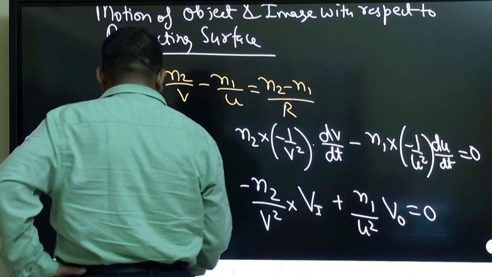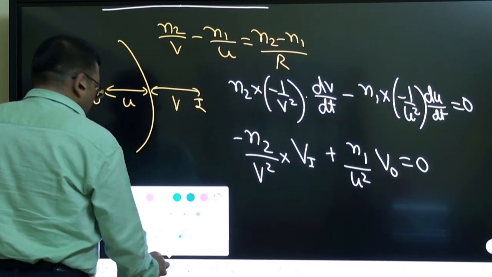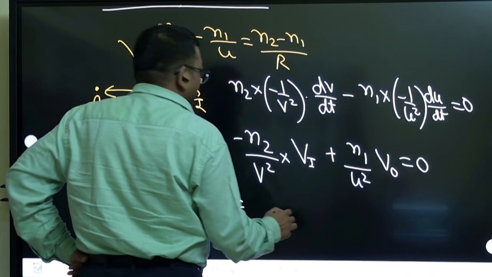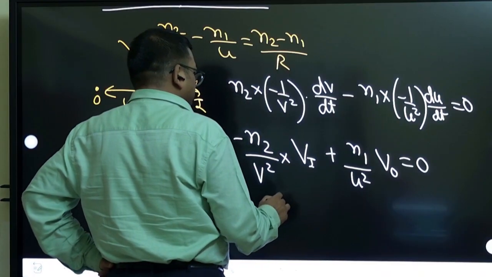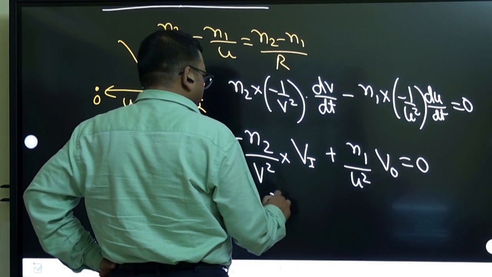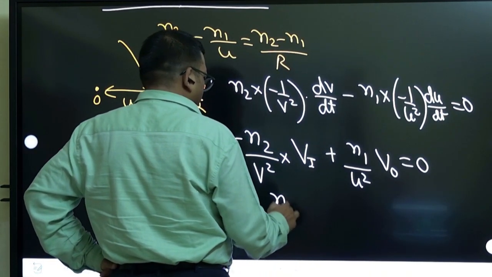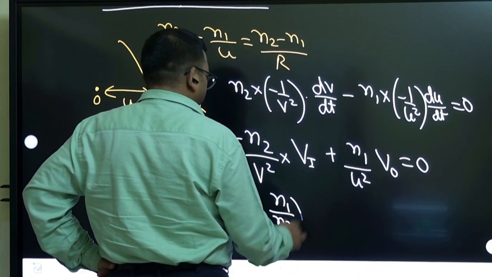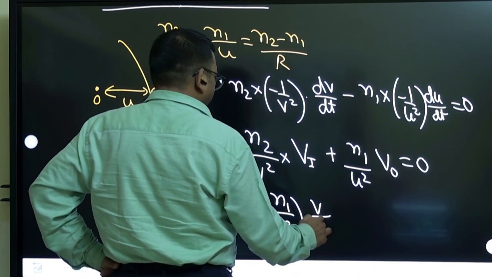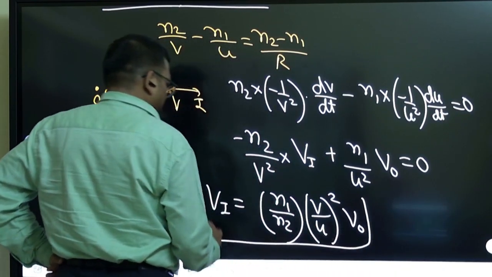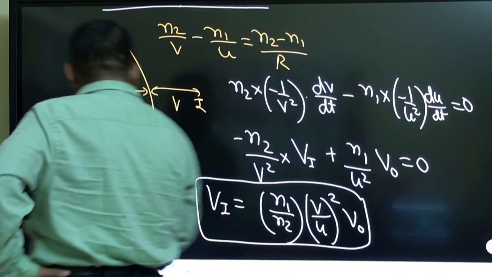So from here image velocity is coming as n1 by n2 into v by u whole square times velocity of object. This is what we are getting here.